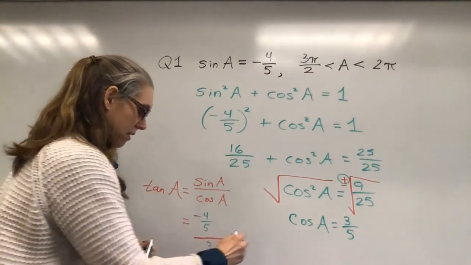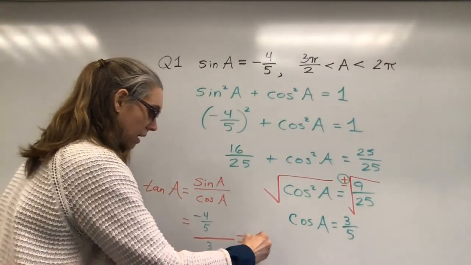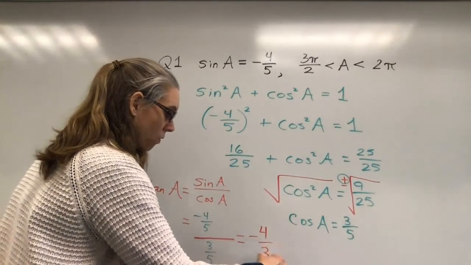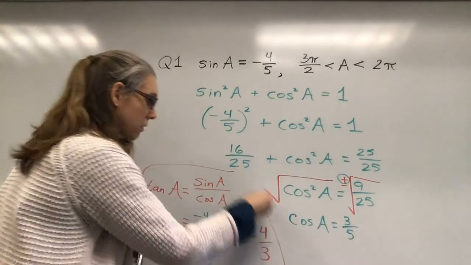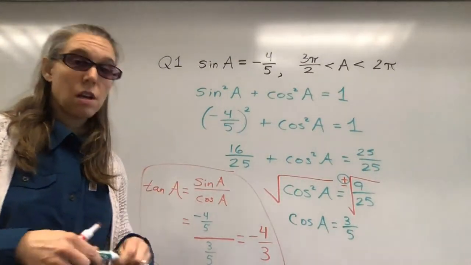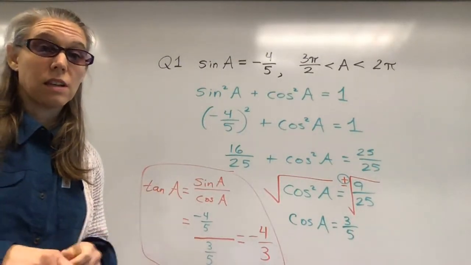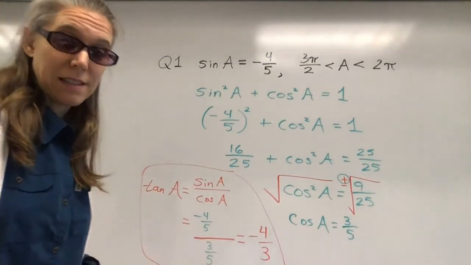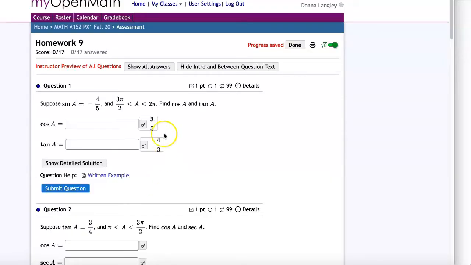So that means that the tangent of A is negative 4 over 3. So the purpose of this is not to be drawing triangles as we would have in a previous chapter, but instead to practice using those fundamental identities. Returning back here, you can see the values that we arrived at, 3/5 and negative 4/3.